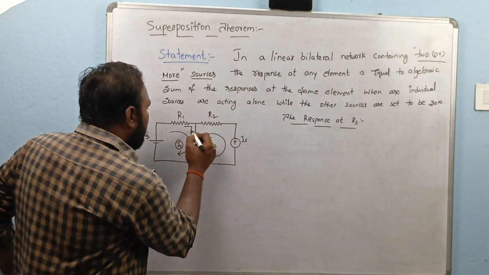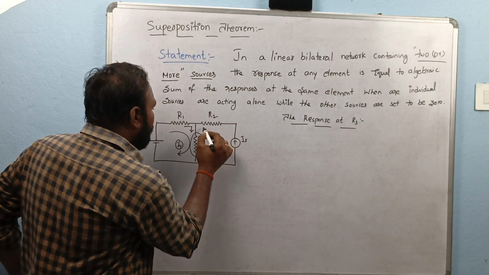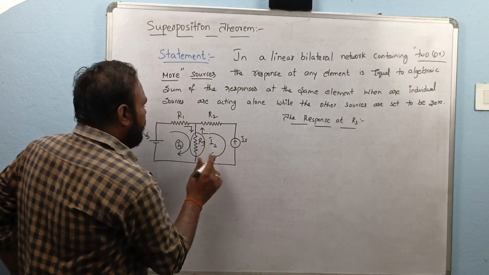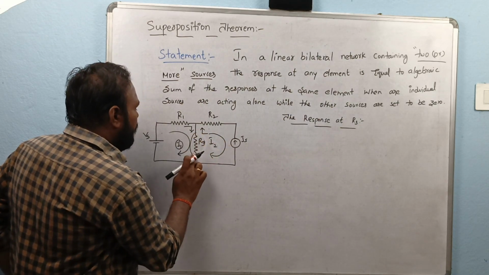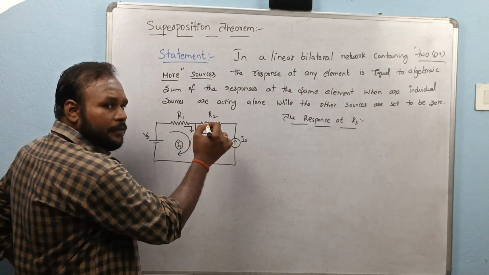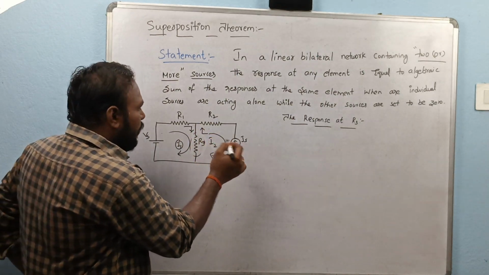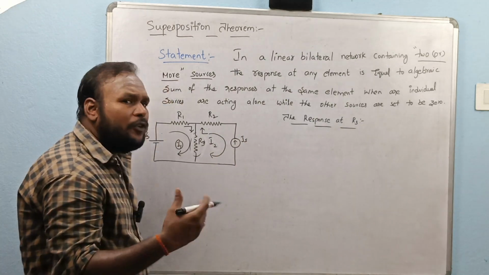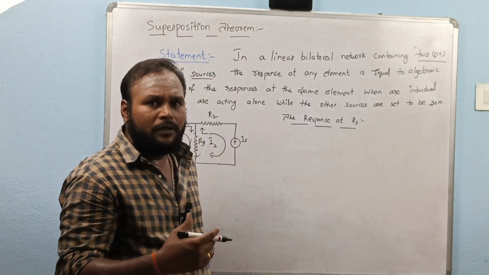Coming to a resistor, the response is the current flowing through it. So I1 is coming here, I2 is coming like this. I am considering a unidirectional current in both the loops.